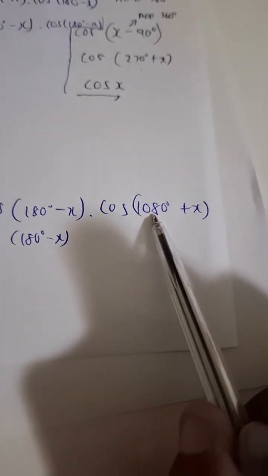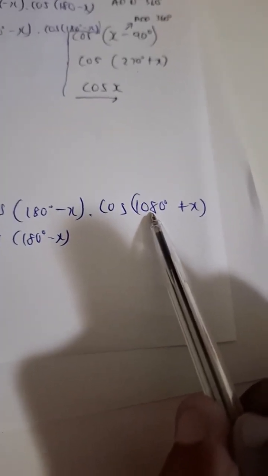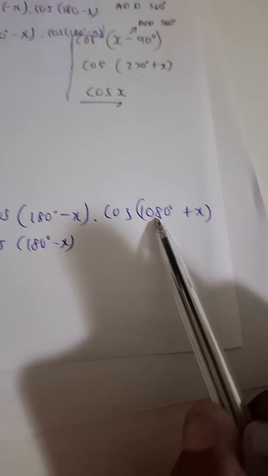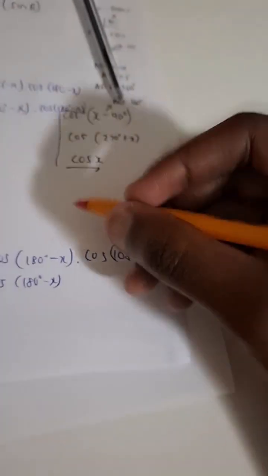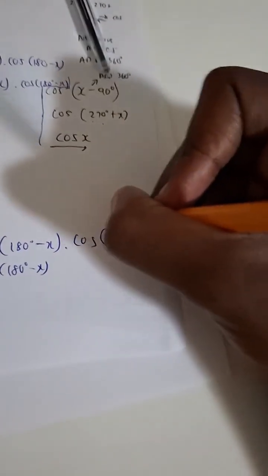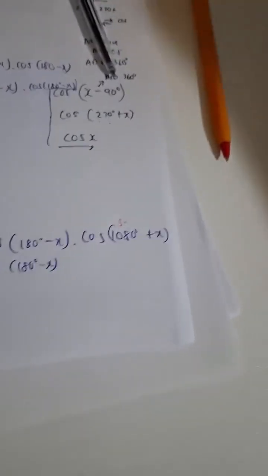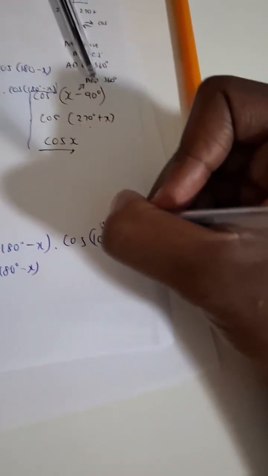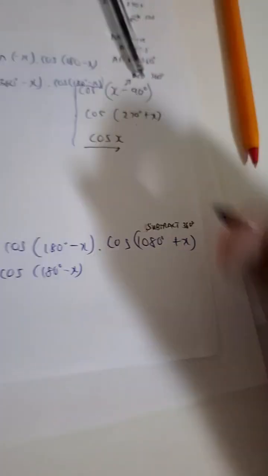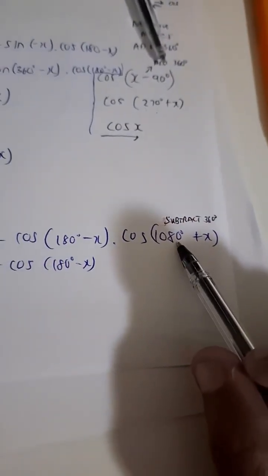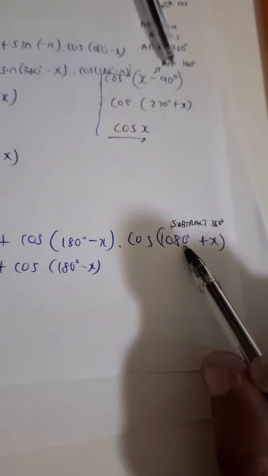But look at this one, 1080. Now someone needs to please take 1080 in their calculator. This is an angle greater than 360. So what we need to do is subtract 360, and we need to subtract it multiple times until we get into the interval of 0 to 360.